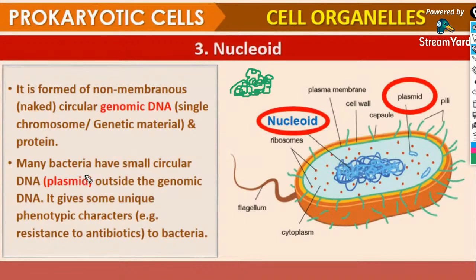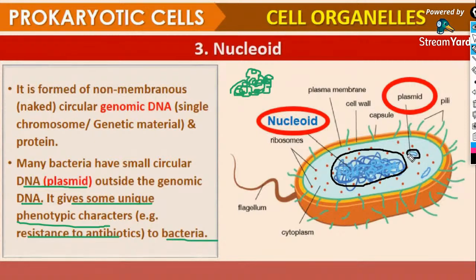Many bacteria have small circular DNA or plasmid outside the genomic DNA. It gives some unique phenotypic characters, for example resistance to antibiotics in bacteria. So what is this plasmid? Plasmids are extra chromosomal materials other than the chromosome, present in the cytoplasm.